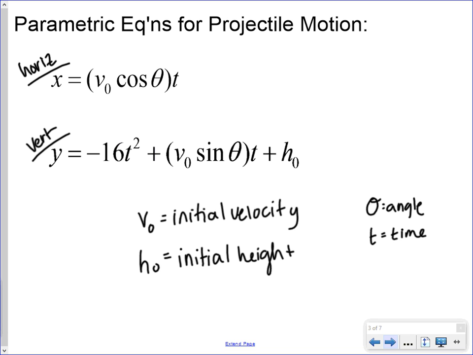So the nice thing is, this is our standard set of equations in parametrics for projectiles. Okay. And what you're really going to be doing is reading the problems and thinking about what are the pieces that I'm provided with? Do they fit in the x equation or y equation? What would I be able to solve for? If I could solve for something, would that be helpful to me to answer another question?